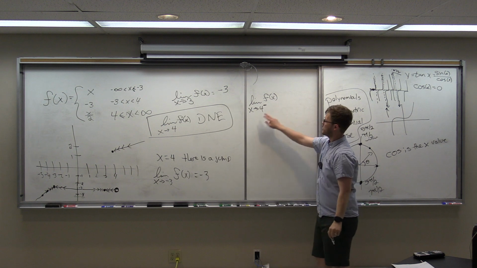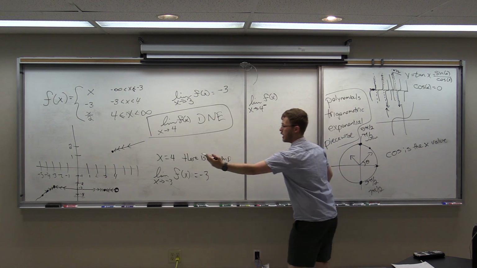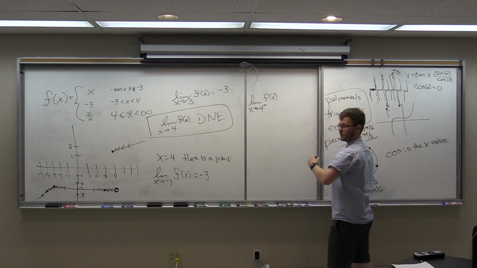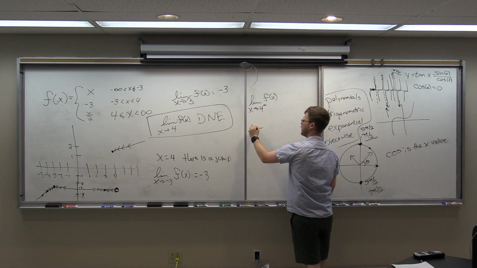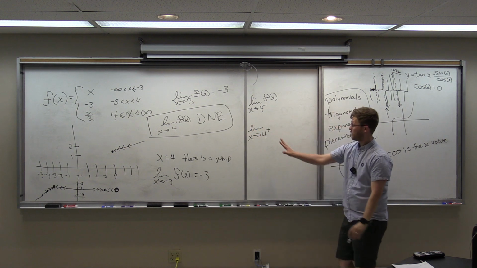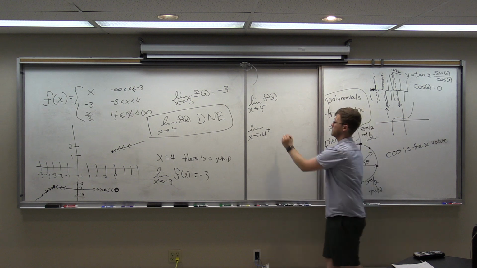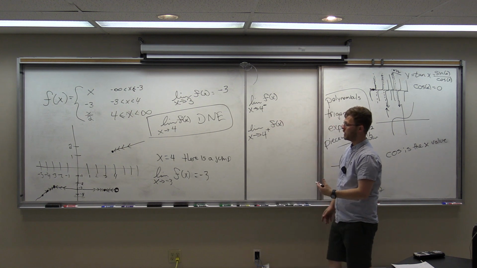The limit as x approaches 4 from the negative side. That is to say, approaching from the left. We're coming from the negative side over to 4. In the same way, we can talk about the limit as x approaches 4 from the right, from the positive side. These things can be measured because they don't need things to agree anymore.